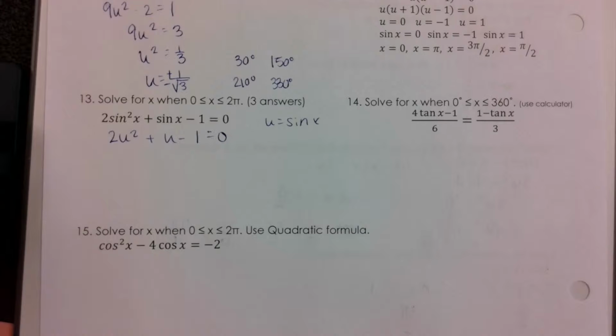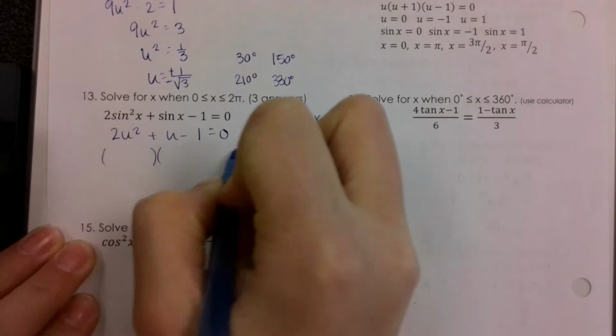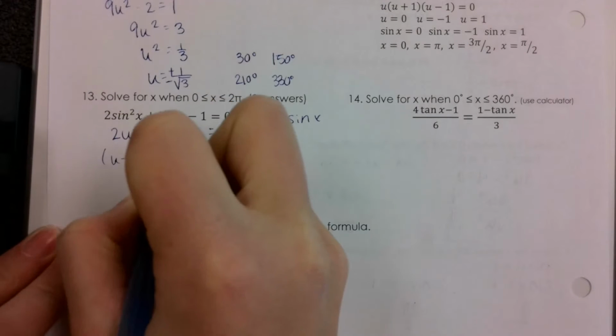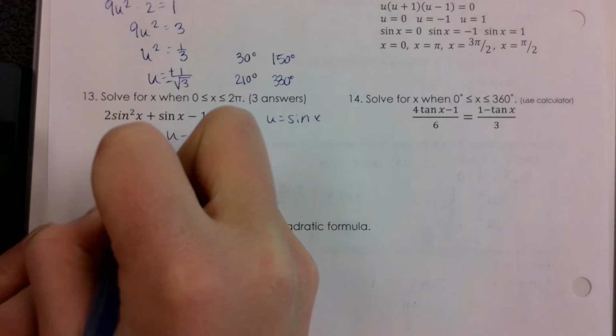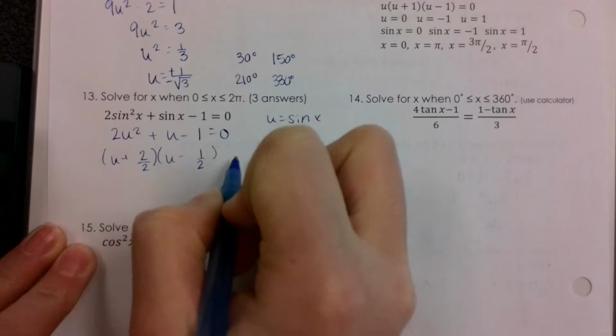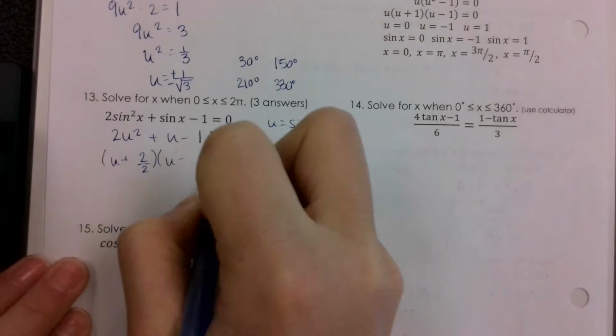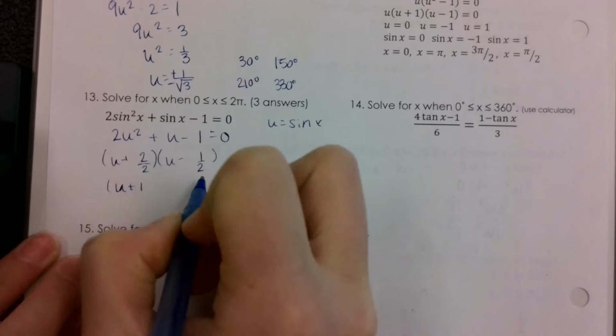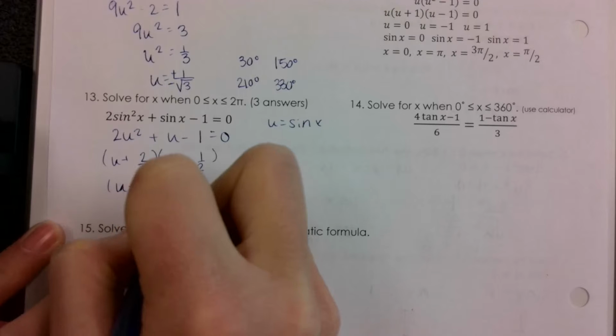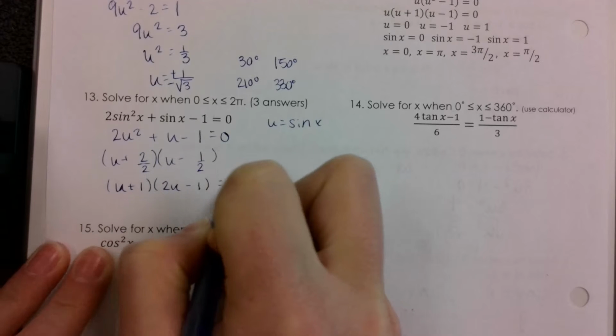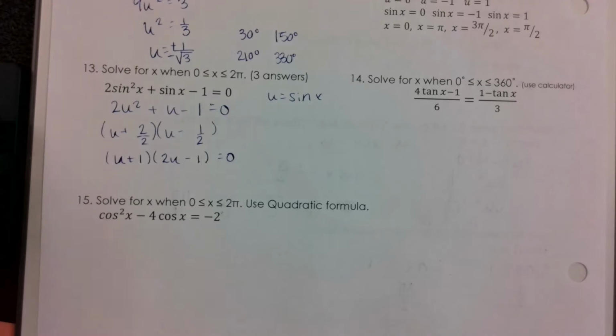What are they? Are we okay with that? The factoring is all right?